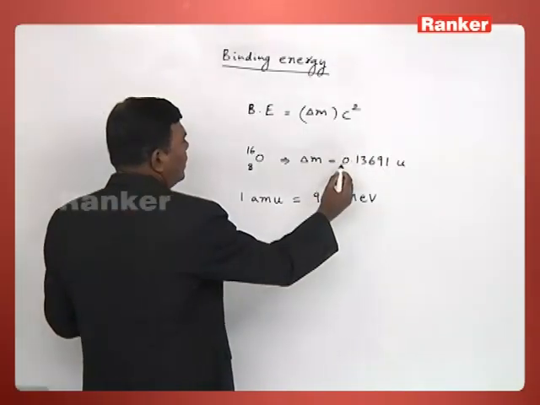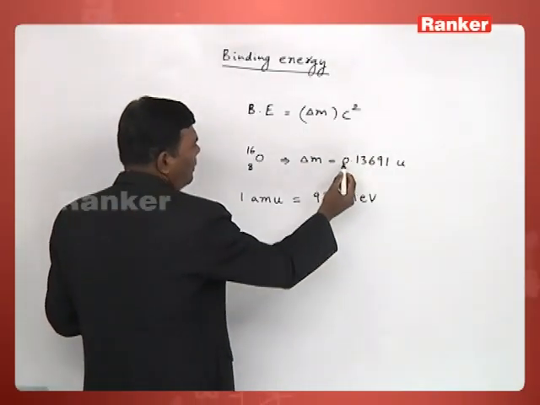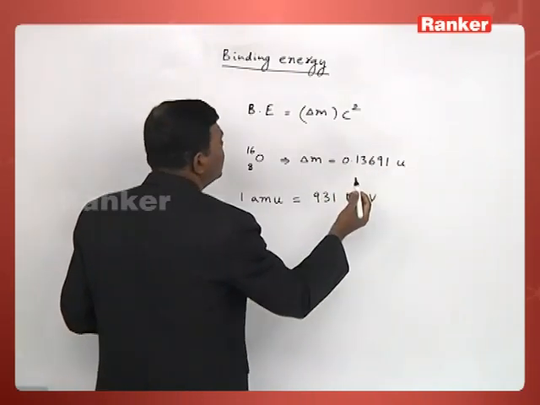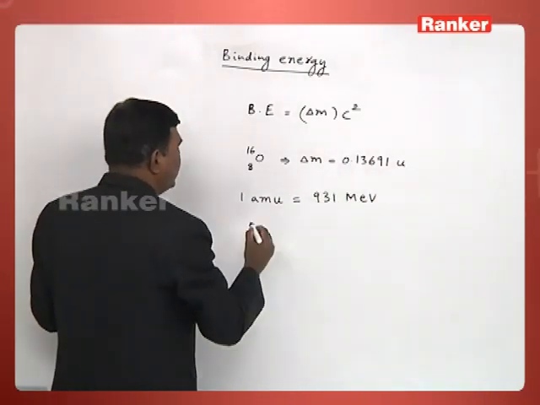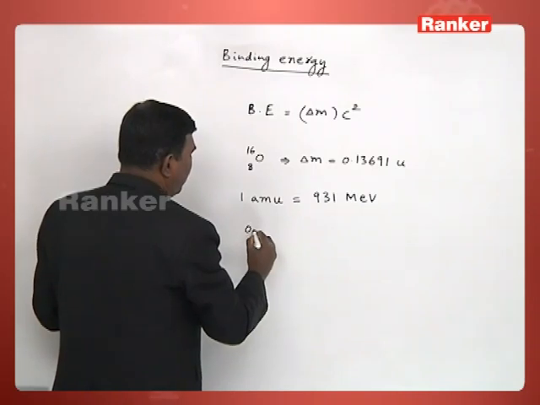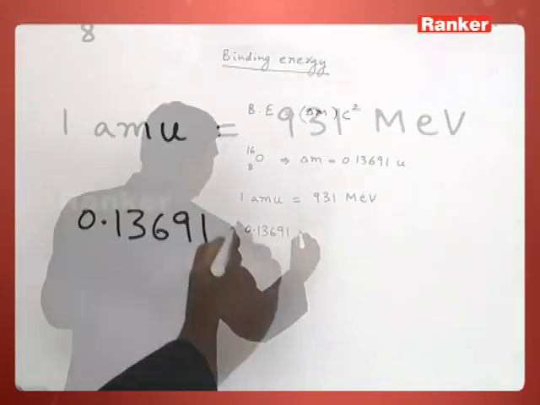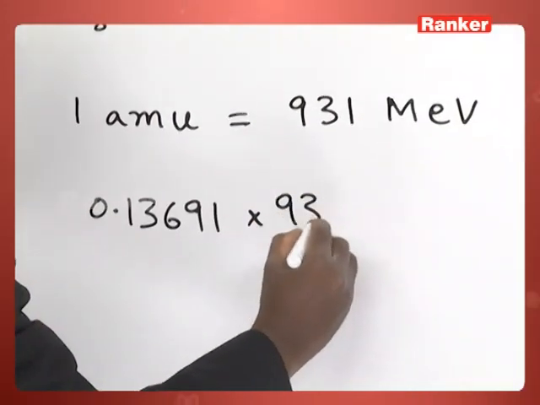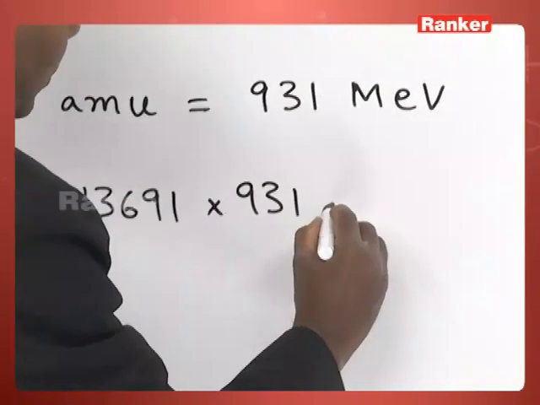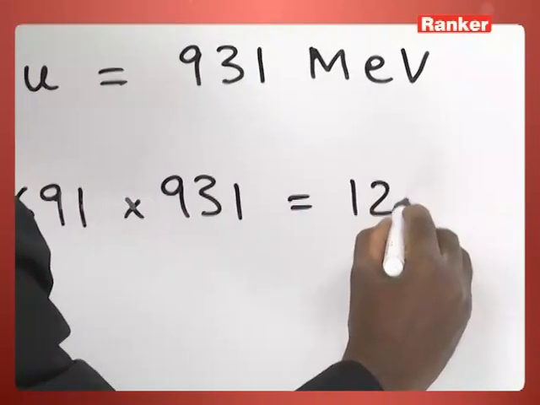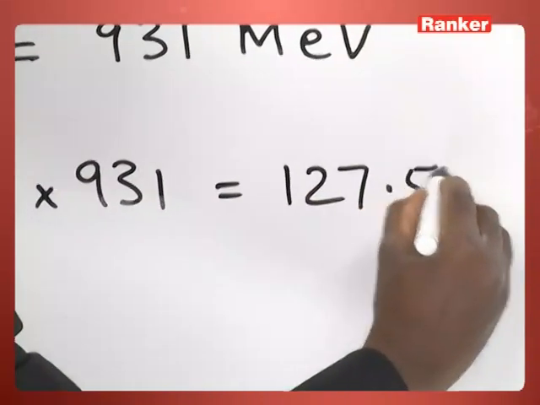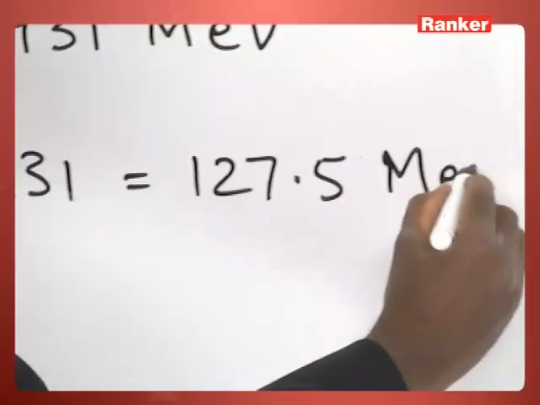So if you convert this mass defect of 0.13691 into energy, that comes out to be 0.13691 multiplied by 931. That gives you 127.5 million electron volts.